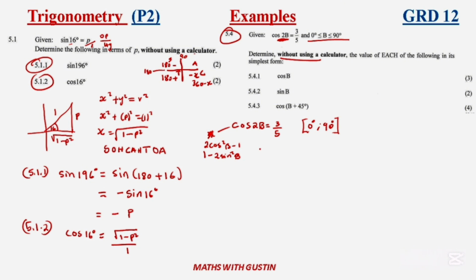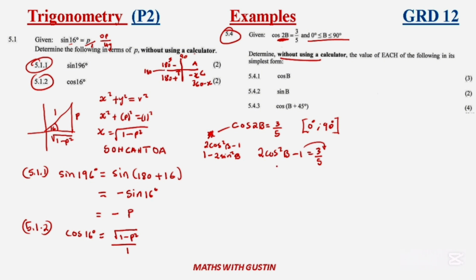So I'm just going to say 2 cos squared beta minus 1 is equal to 3 over 5. Then you take the 1 to the other side so that we can deal with the fraction.